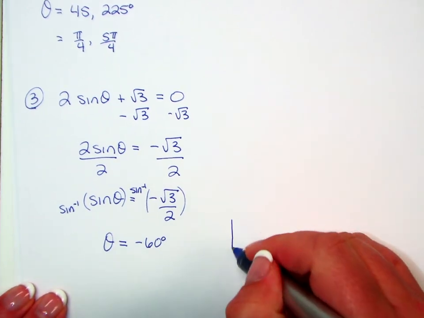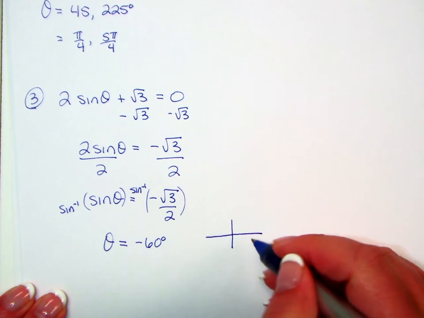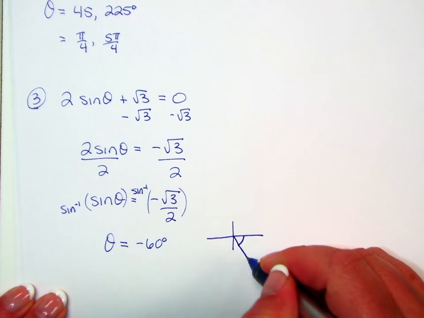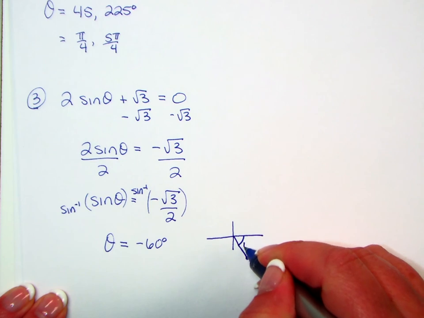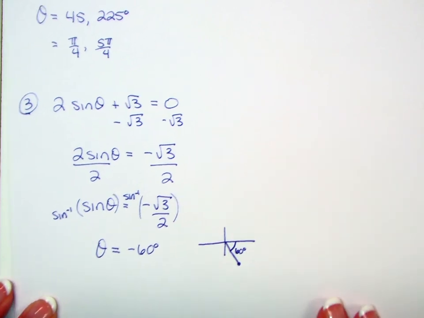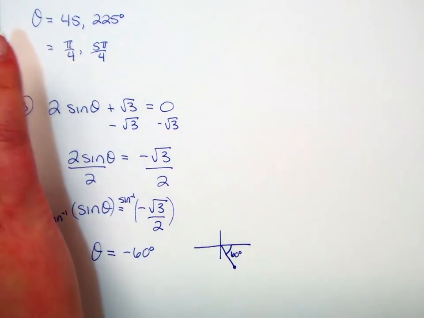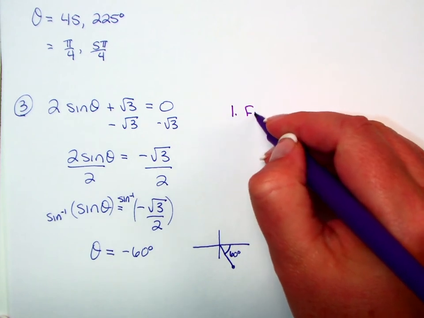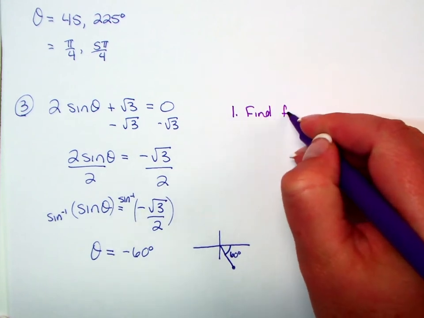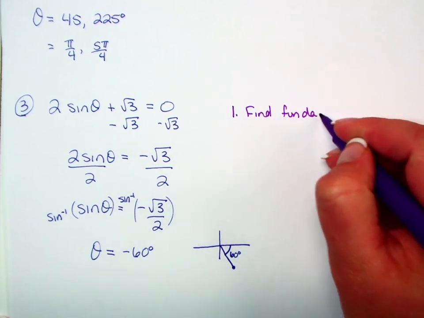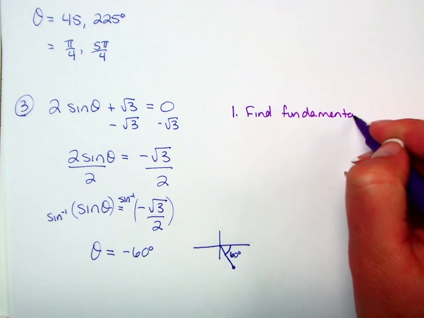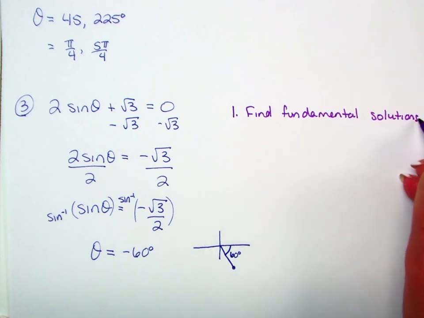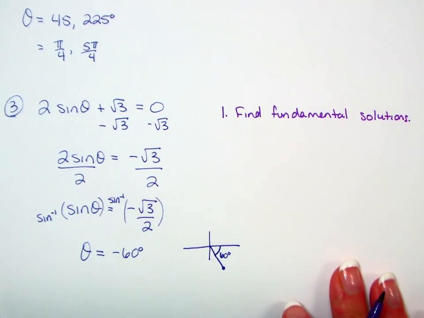So let me go on a unit circle here. And negative 60 is down here. So when we find all the fundamental solutions, they're within one period of our function.